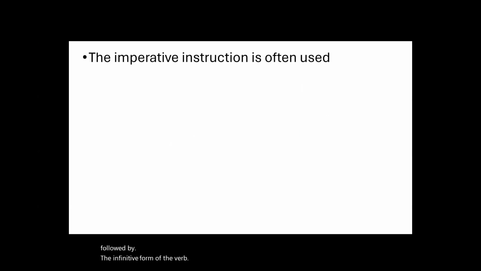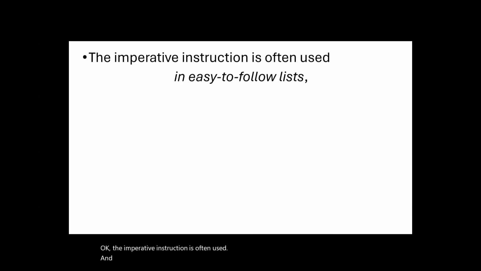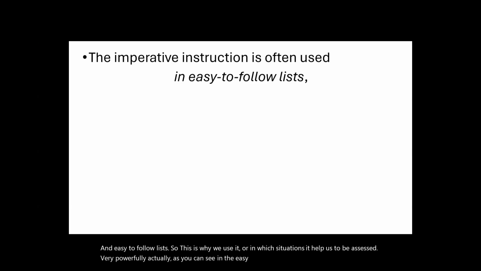The imperative instruction is often used in easy to follow lists. So this is why we use it, or in which situations it helps us, as you can see in the easy to follow list. What is the easy to follow list? Let's see.